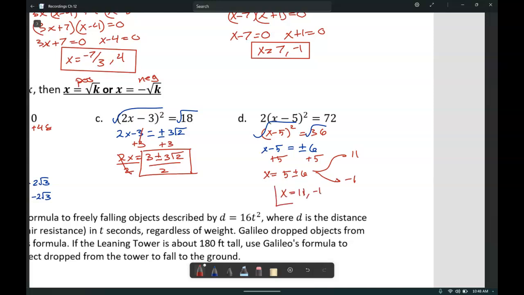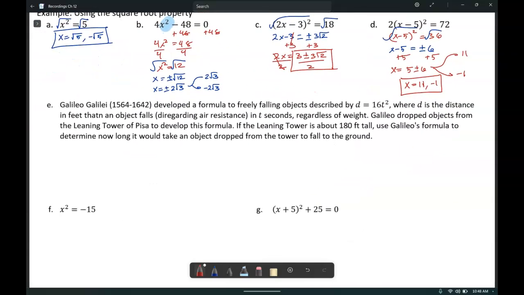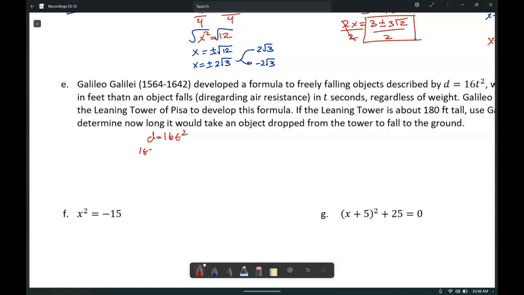Here we have Galileo's formula for falling objects, described as d equals 16t squared. If an item is dropped from the Leaning Tower of Pisa at 180 feet, we can substitute 180 into our equation, and we can use our square root property to solve. Now, a couple things.